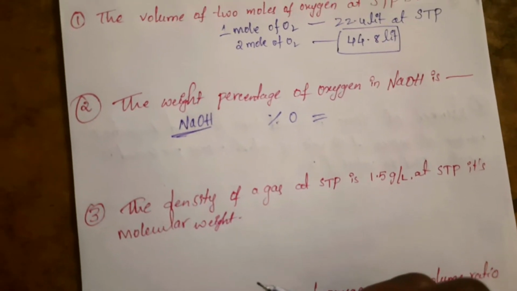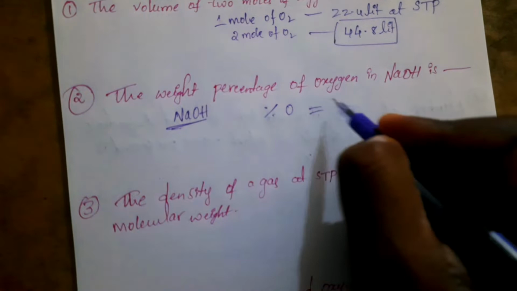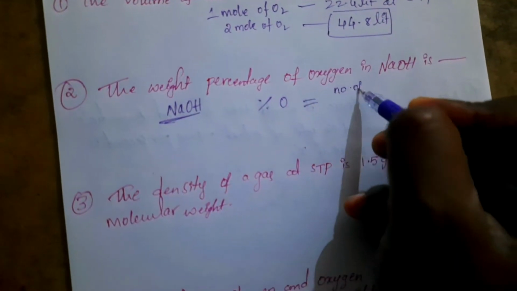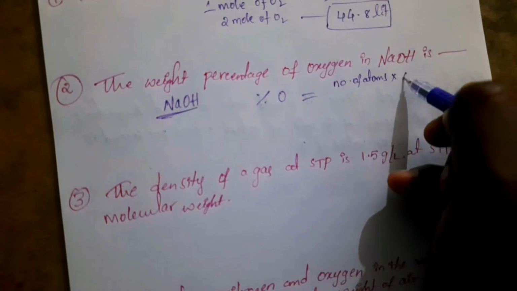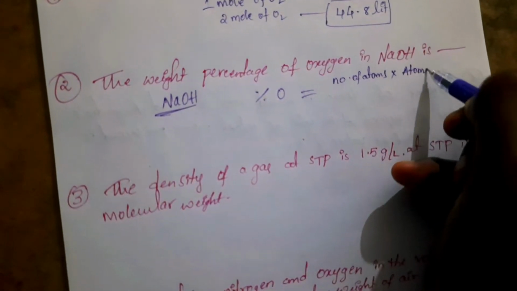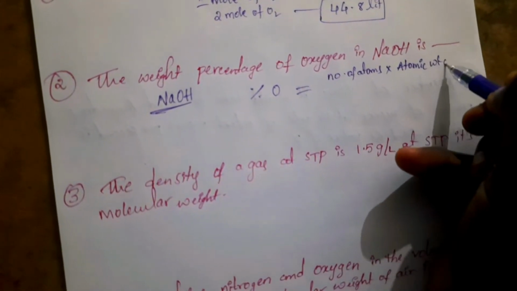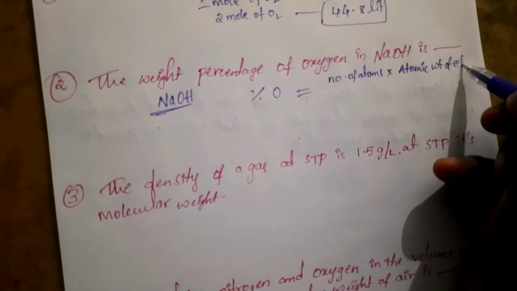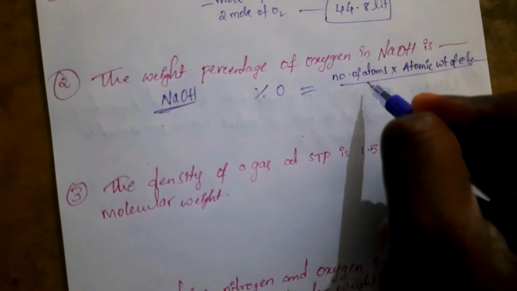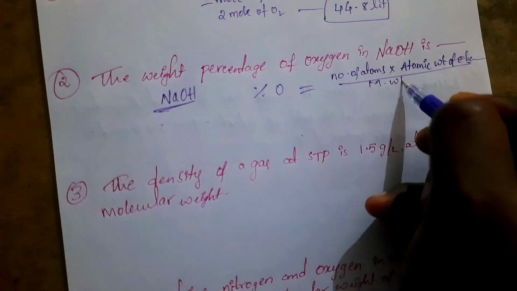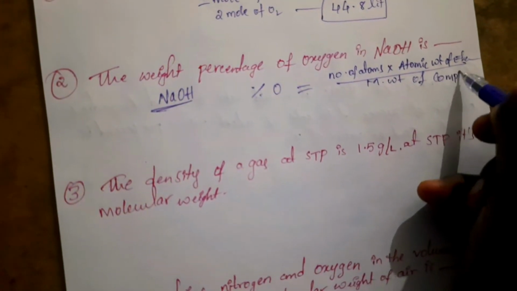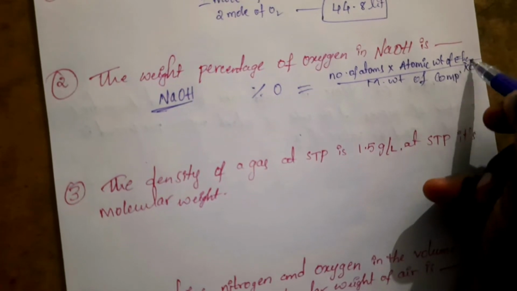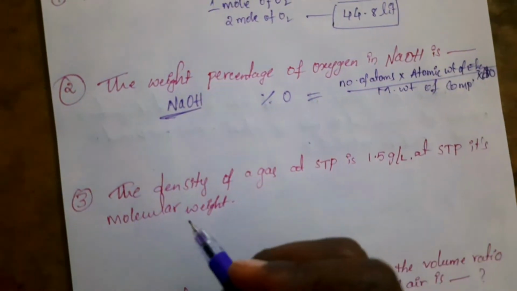That is number of atoms into atomic weight of the element, divided by molecular weight of the compound, into 100. That will give you the percentage of an element.